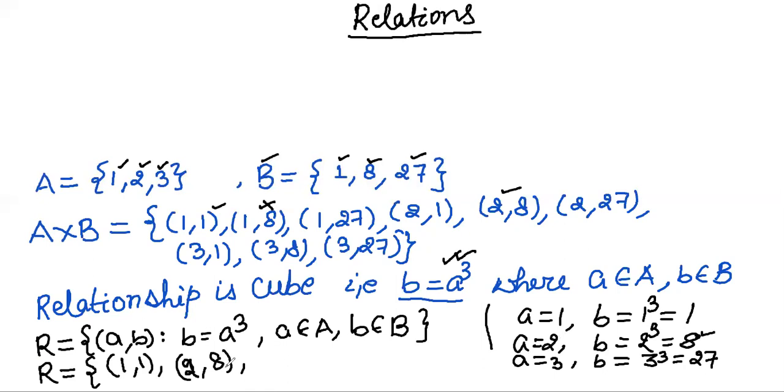Now the third, we have taken a as 3. So 3 and then next is 27. So (3, 27), yes, this one. So here you can see, according to this particular condition, b equals a cube, we have the elements of R, and these elements of R we have taken from where?